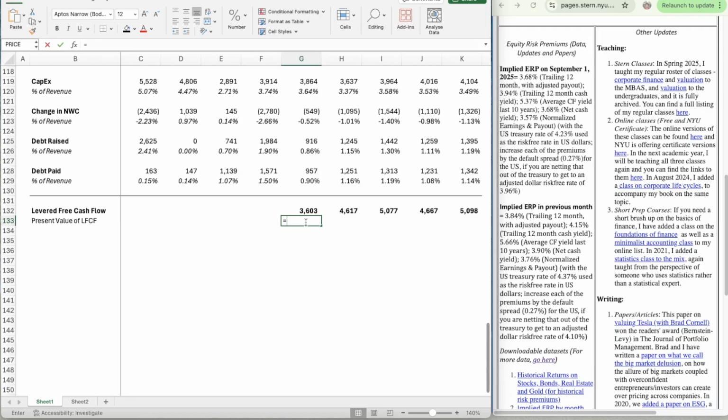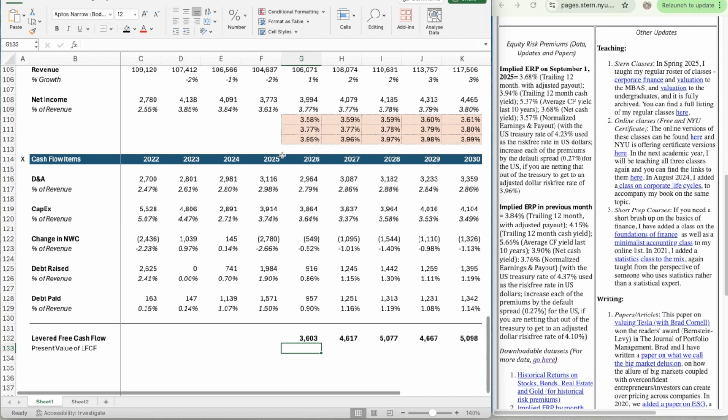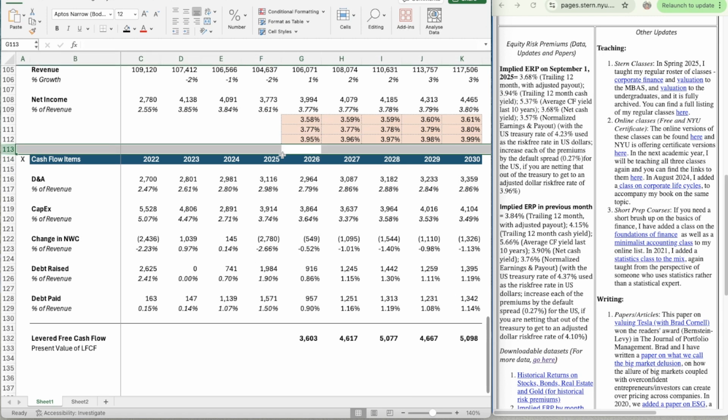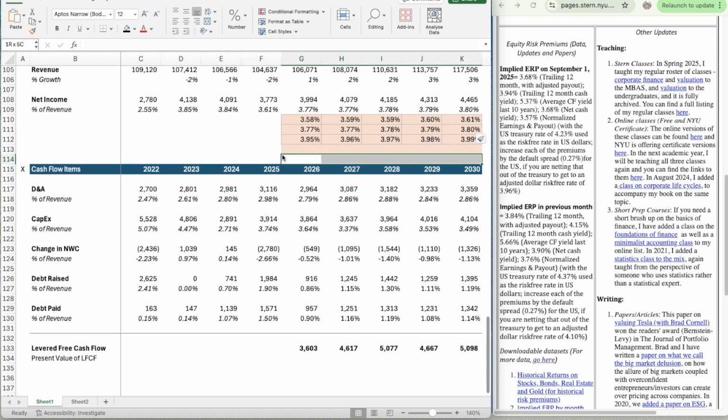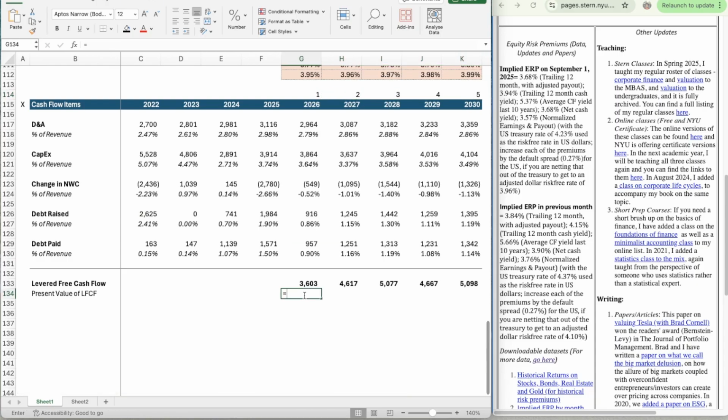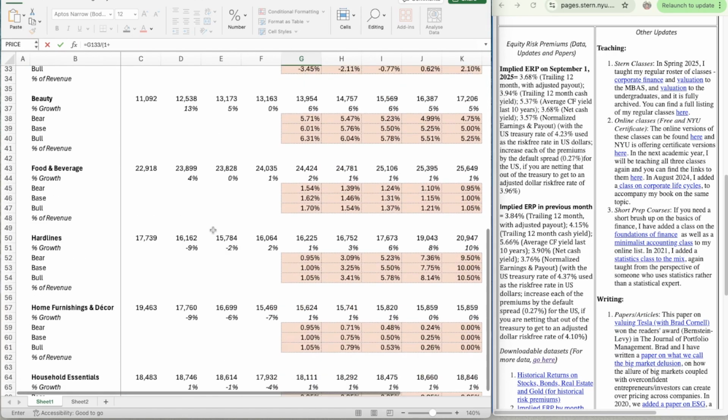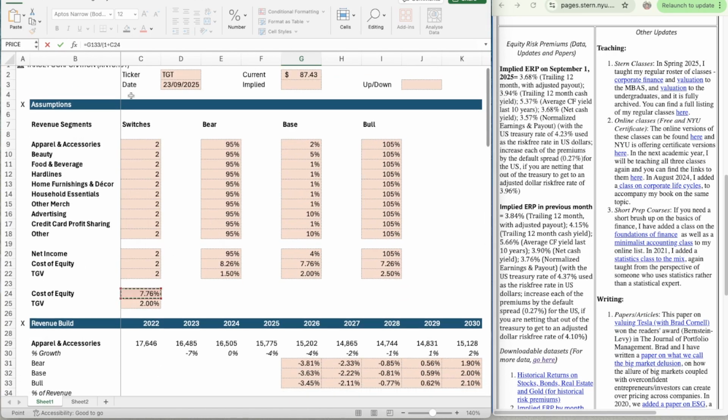So the present value of, okay, we need another line here. Divided by 1 plus the WACC, sorry, the cost of equity.